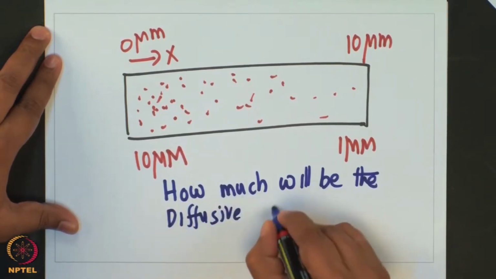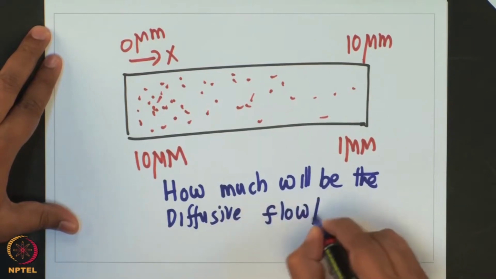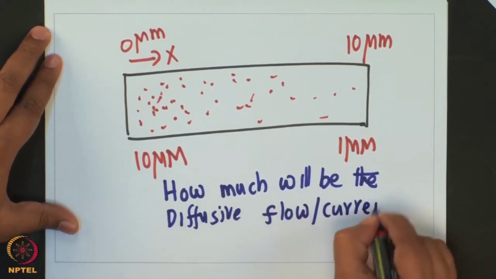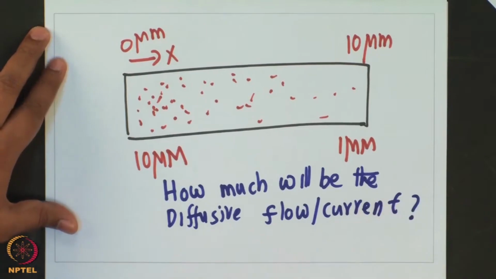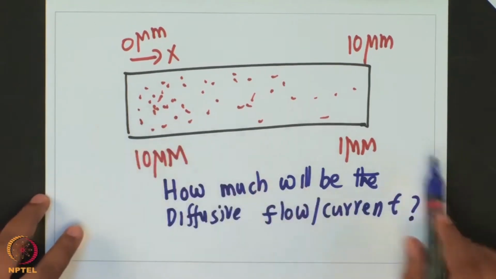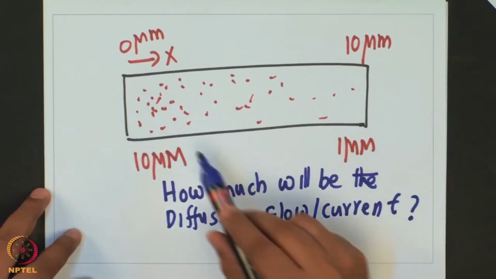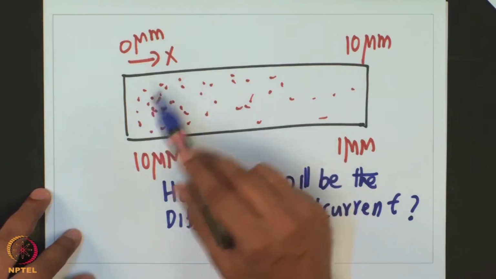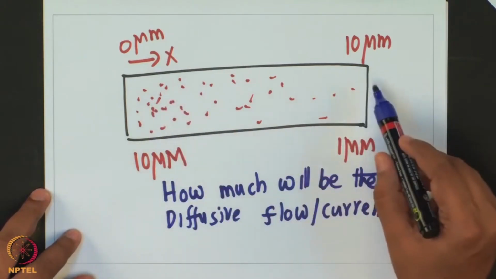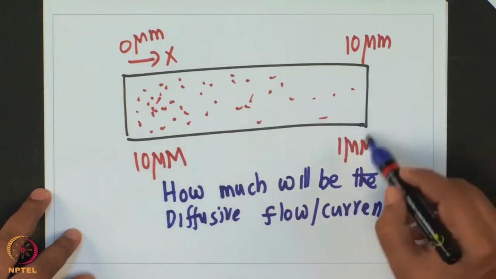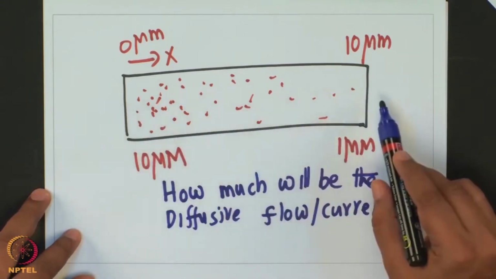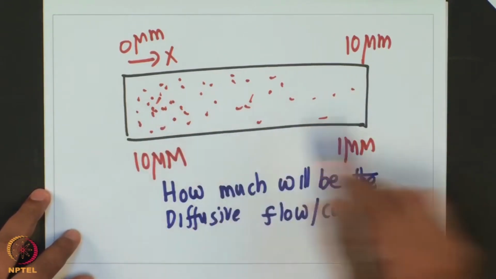Diffusive flow or a current. This is the question that we want to answer. How much will be the diffusive flow given that there is 10 micromolar here and 1 micromolar here along this gradient of 10 micrometer?